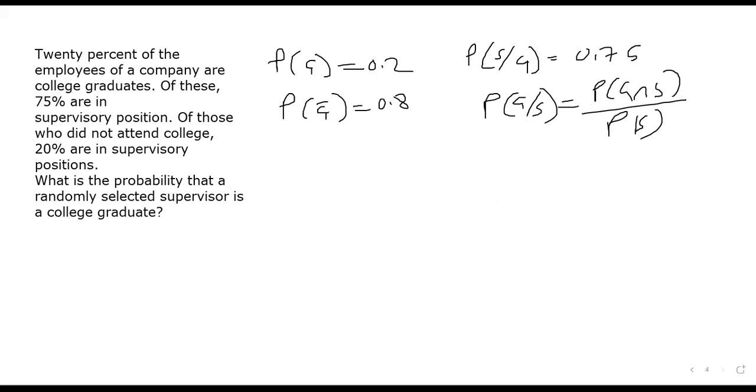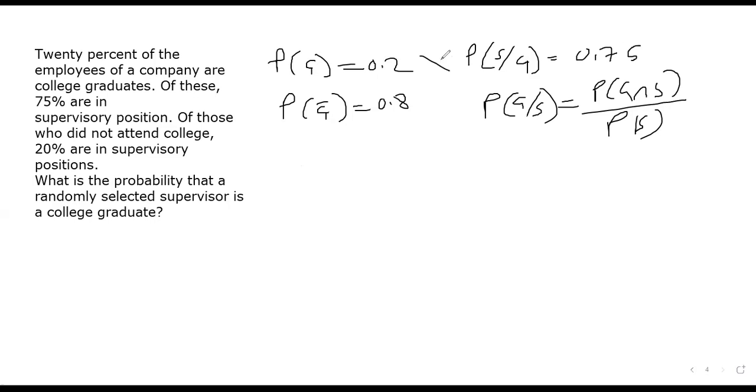This question was not really easy in the sense that you needed to think very well. Okay, so we have extracted the probability that the graduate is 20%, not a graduate 80%. Supervisor given graduate 75%. So we also need to find the probability of a supervisor only. The probability that a person was a supervisor and a college graduate is found by finding the intersection of these two.